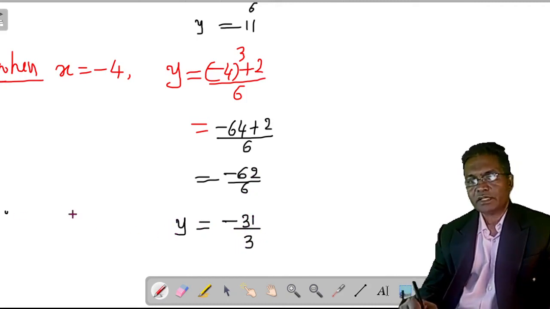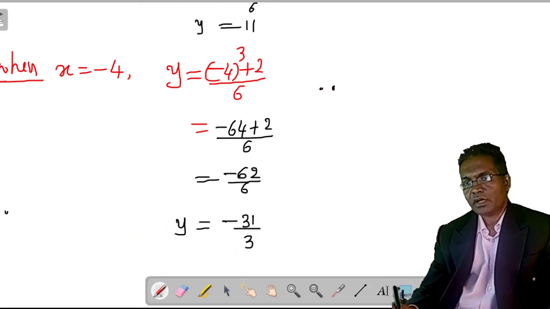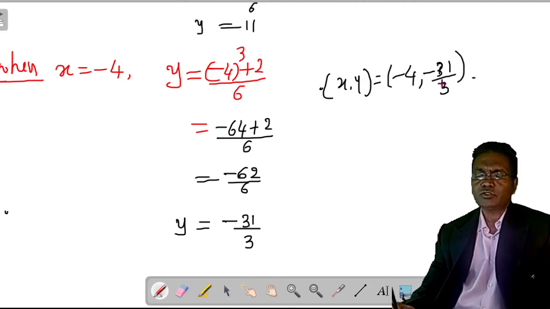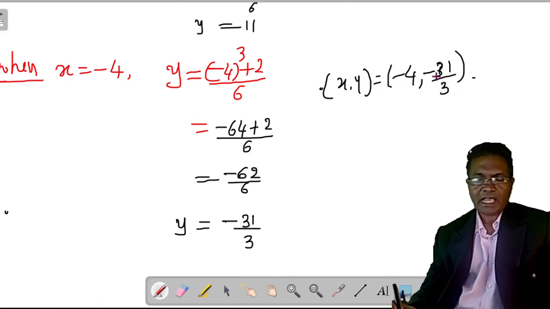This is your 1. So therefore the coordinates, another set is, so x comma y is minus 4 comma minus 31 by 3. Okay, so these are the 2 points at which the given rate happens.